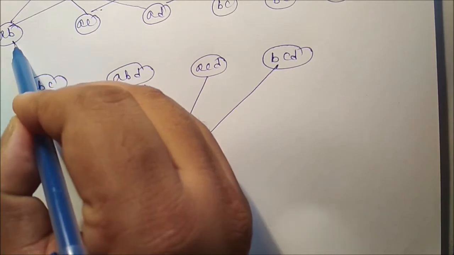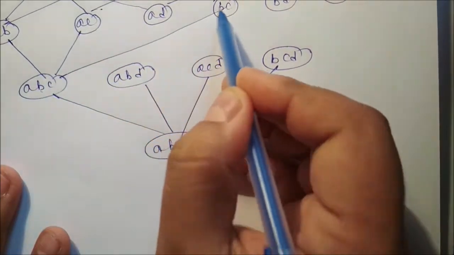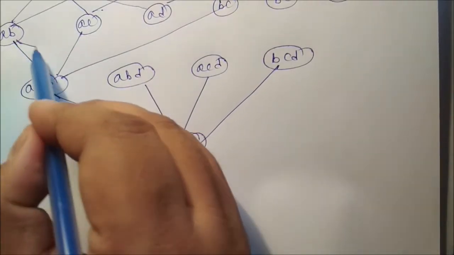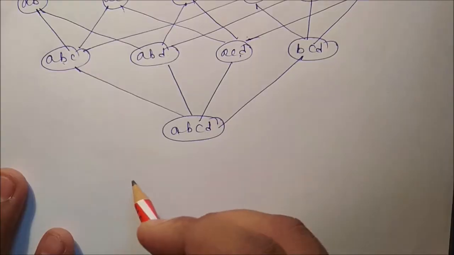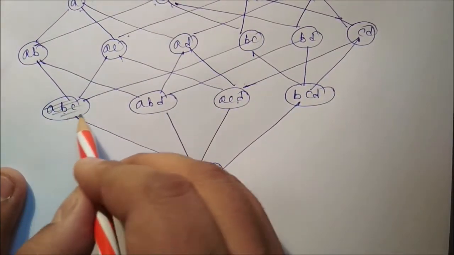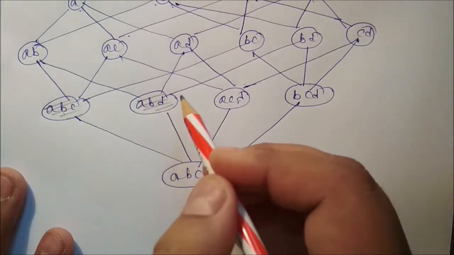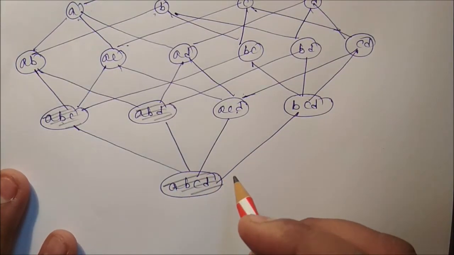Merge AB, AC and BC. How to get ABD? AB, AD and BD. Let's say ABC, ABD and ABCD are infrequent item sets.